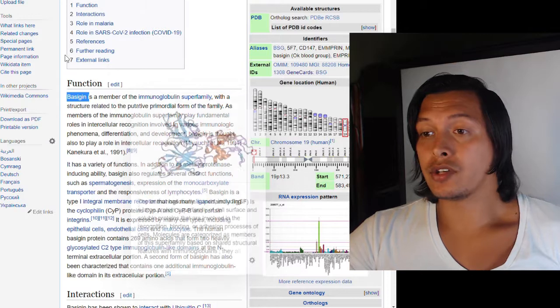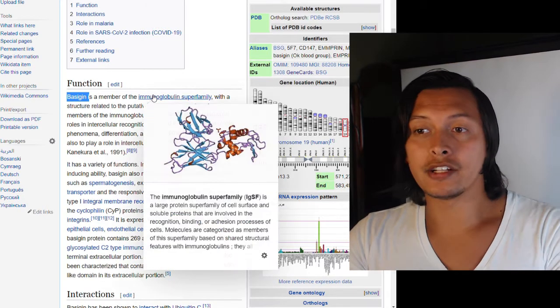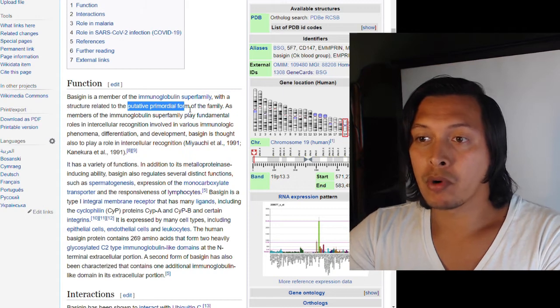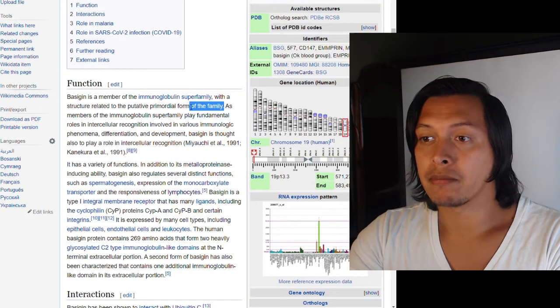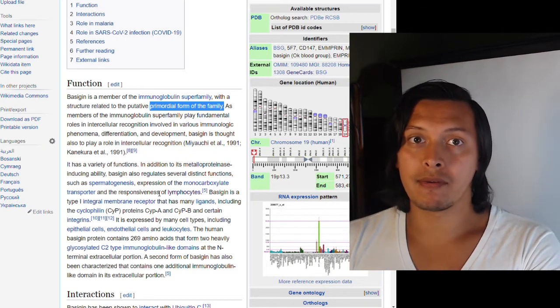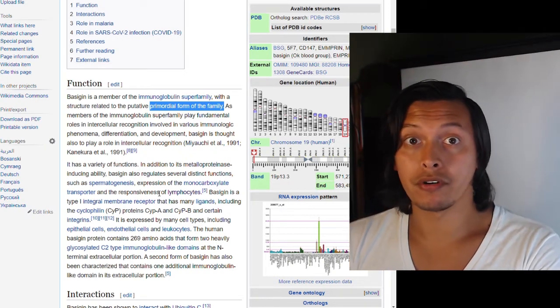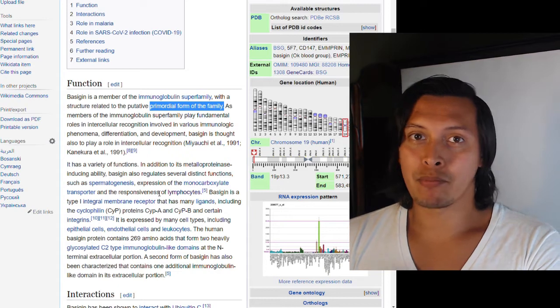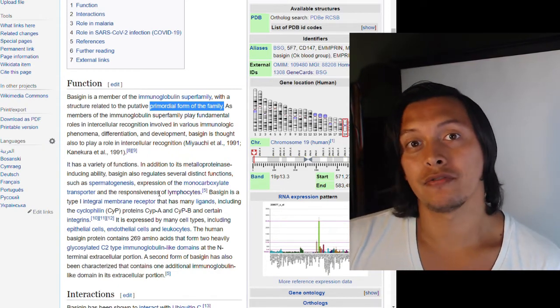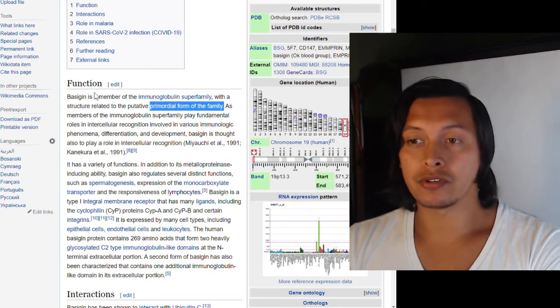So just know that it's related to the immunoglobulins, with a structure related to the putative primordial form of the family. So we would assume that all of these proteins probably came from a similar primordial form, and that primordial form was copied and then altered in different ways to fit different functions. So that's what they're saying here.